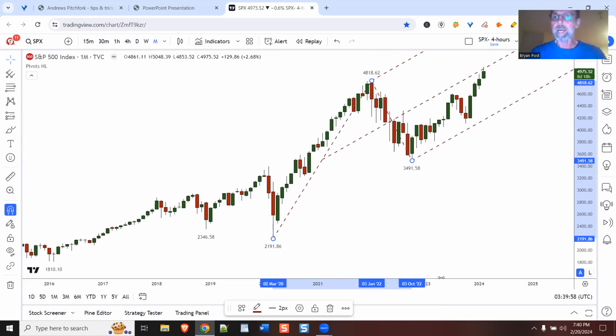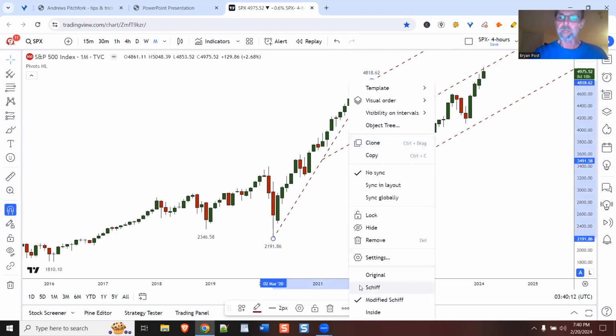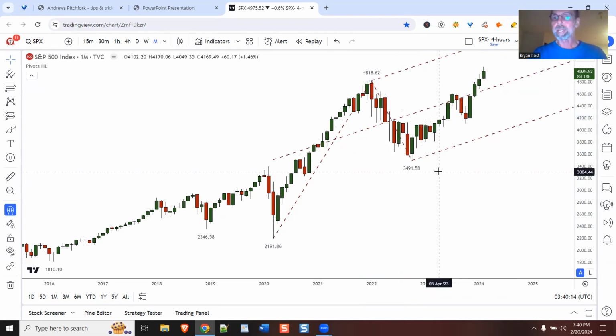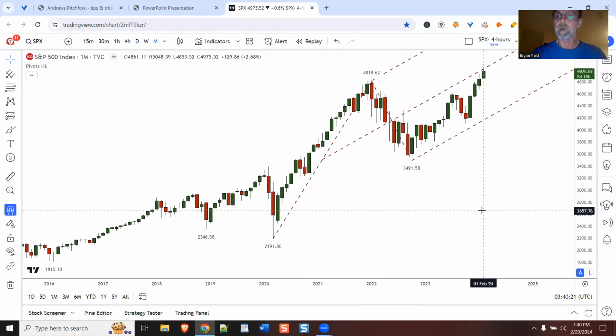Typically I start with the modified Schiff fork just based on experience. If this fork didn't look valid, I would then go look at the Schiff. And it doesn't look too bad, but in this case, I prefer the modified Schiff Pitchfork.